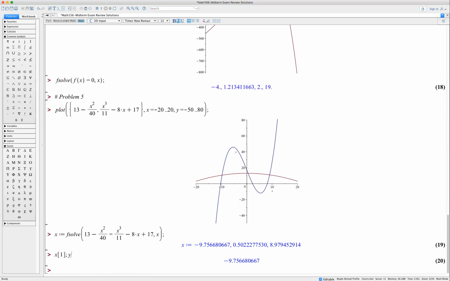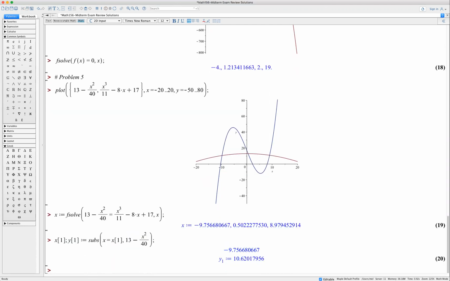So I can say y1 is equal to what I get when I substitute x equals x1 into this equation. That's my y1. And it shouldn't make any difference if I also substitute it into the second equation. So let's just see.